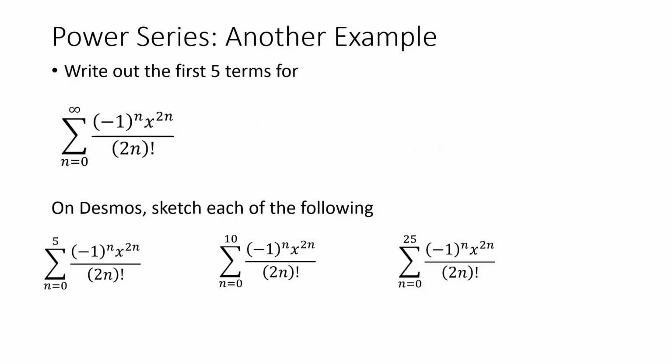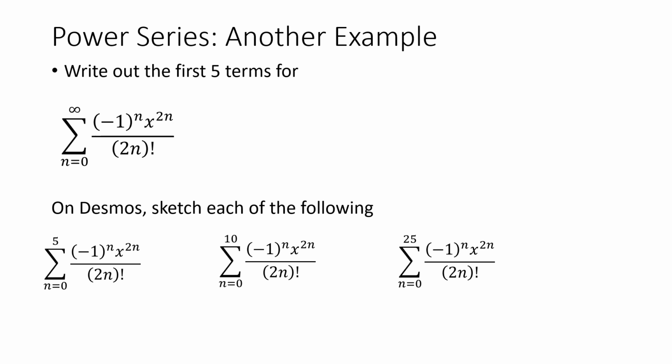Next, I want to go over a somewhat common power series to come across, and that is the sum n equals 0 to infinity, negative 1 to the n, x to the 2n over 2n factorial. This series actually has been used by your calculator more likely than not, as your calculator uses it as a way of calculating a particular function.